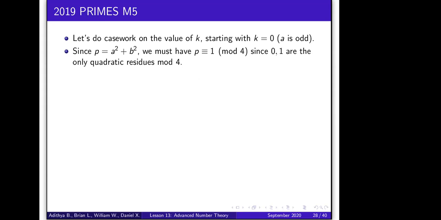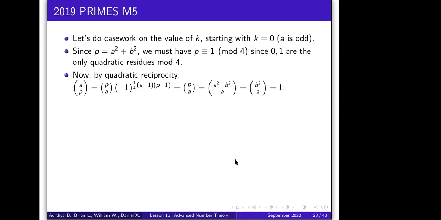So then if we just apply quadratic reciprocity, we get that A over P is equal to P over A times -1 to the 1/4 times A minus 1 times P minus 1. And A minus 1 is divisible by 2, and P minus 1 is divisible by 4. So that whole term goes to 1. So we just get A over P is equal to P over A.